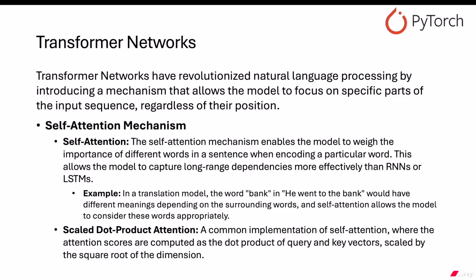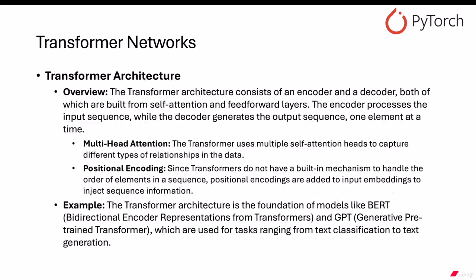Scaled dot product attention: a common implementation of self-attention where the attention scores are computed as the dot product of query and key vectors, scaled by the square root of the dimension. Transformer architecture: the transformer architecture consists of an encoder and a decoder, both of which are built from self-attention and feed-forward layers.